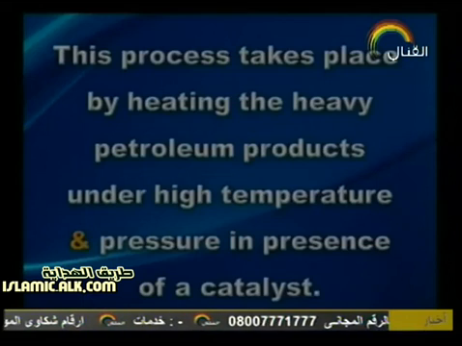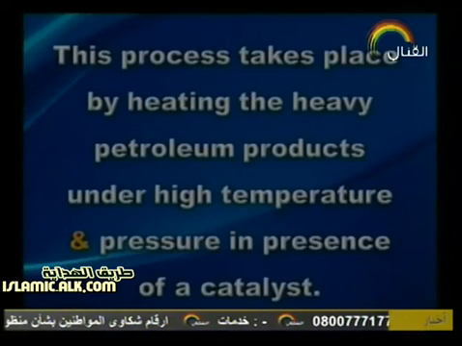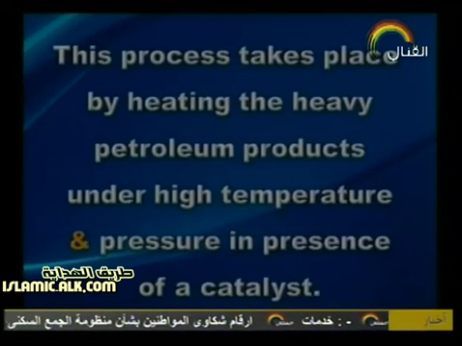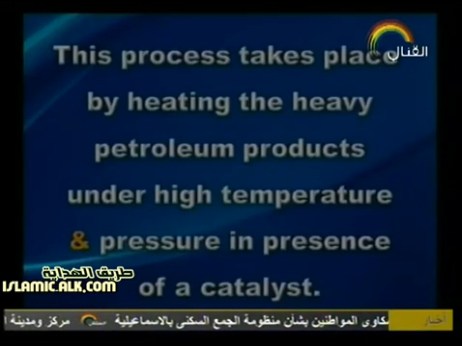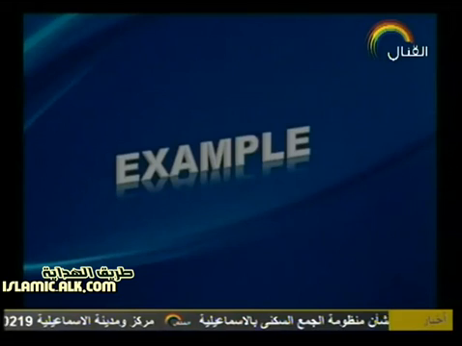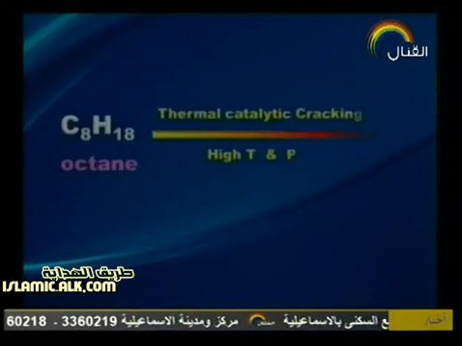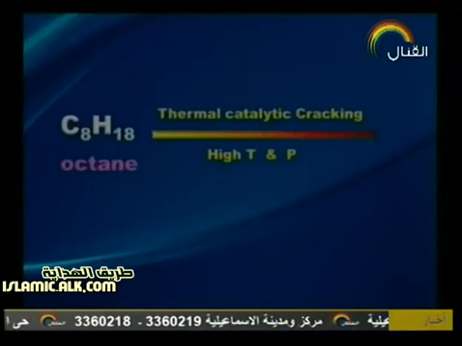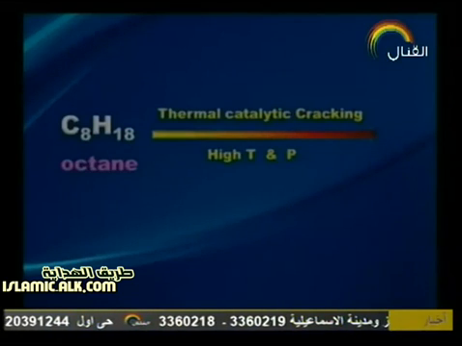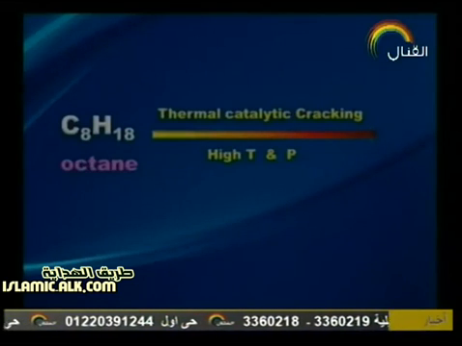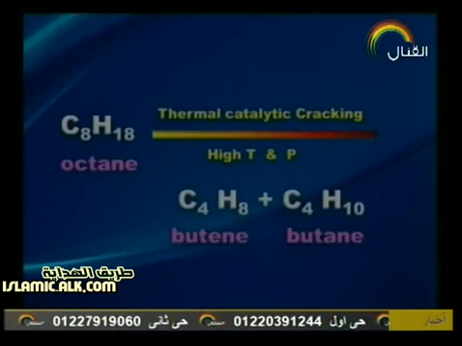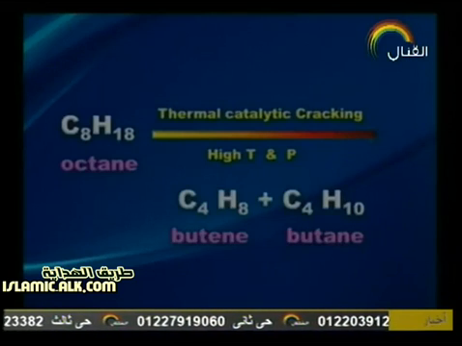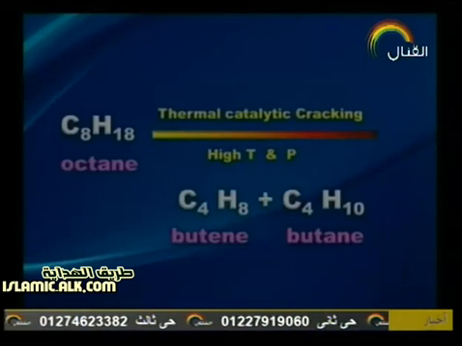And this process, my dear students, takes place by heating the heavy petroleum products under high temperature and pressure in the presence of a catalyst. For example, here, the octane C8H18 by thermal catalytic cracking under high temperature and pressure gives butene C4H8 and butane C4H10.